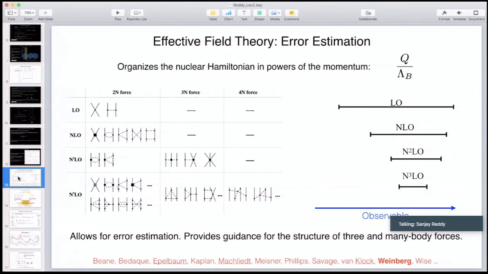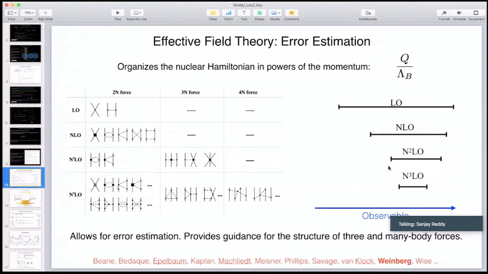If you see this pattern of convergence, it tells you that as you go to the next order, you get an improved estimate, but the estimate is always contained within the previous calculation. So the next to leading order result here has a smaller error, and it's consistent with the leading order calculation.